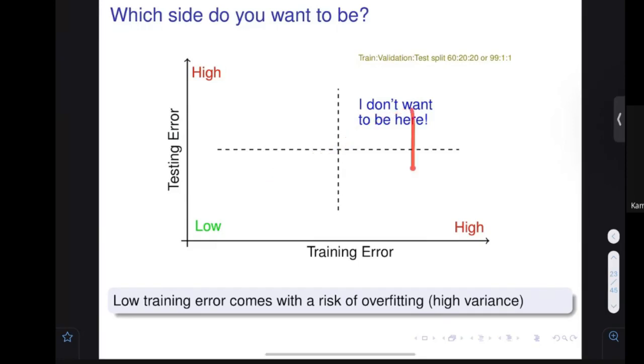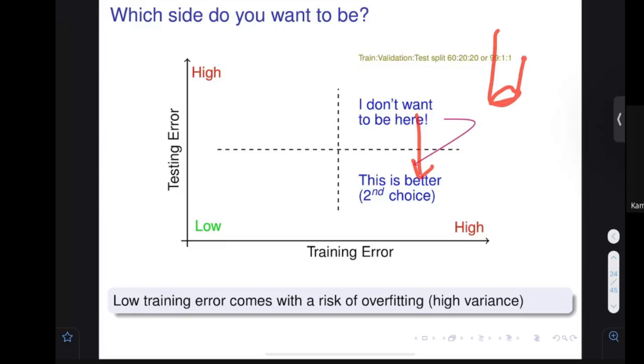Let me ask you this question: if you come somehow here, is it a good idea? Yes, it is also a good idea, because whenever you develop a system, you develop it for unseen things. Here the error on unseen things is low, so this is a better place. But the problem is that you don't know how to come over here, because if you come from up to down, it means your training error is not reducing.